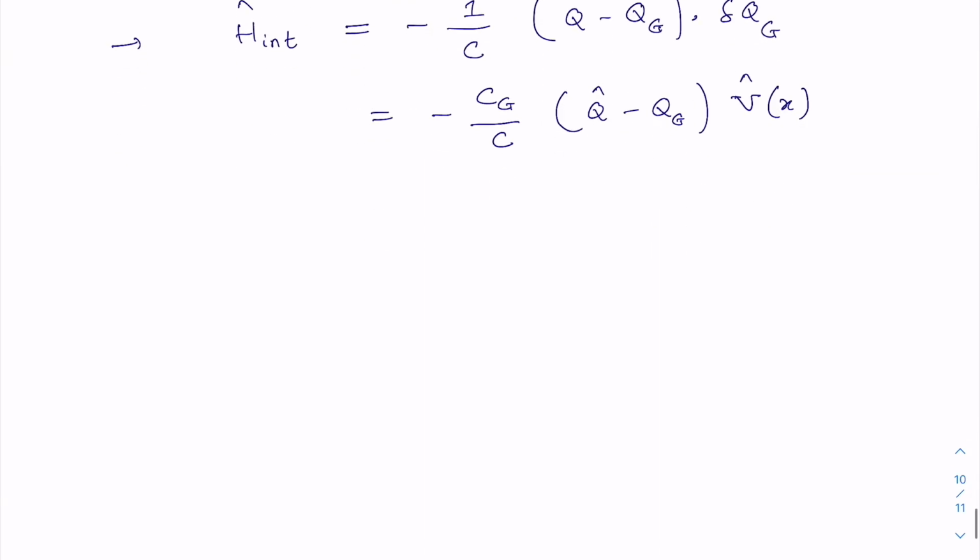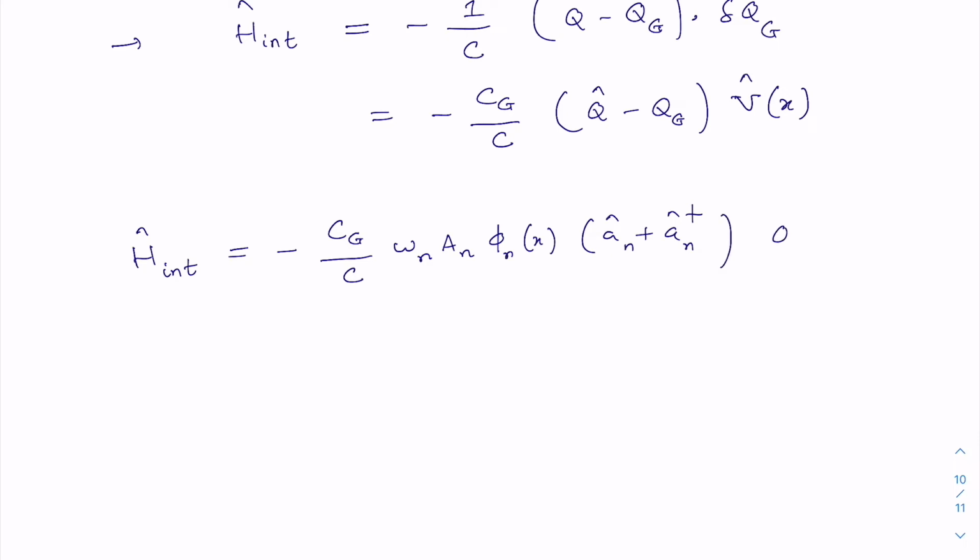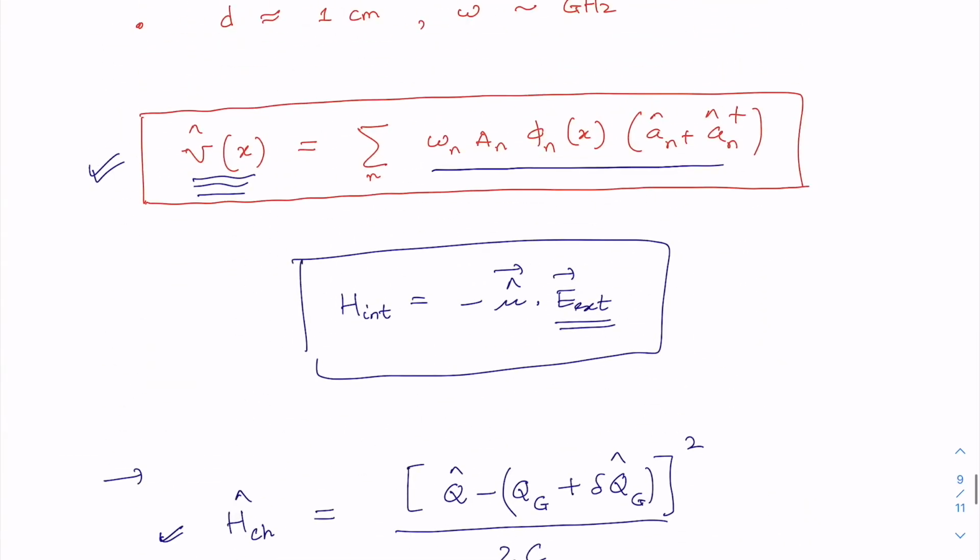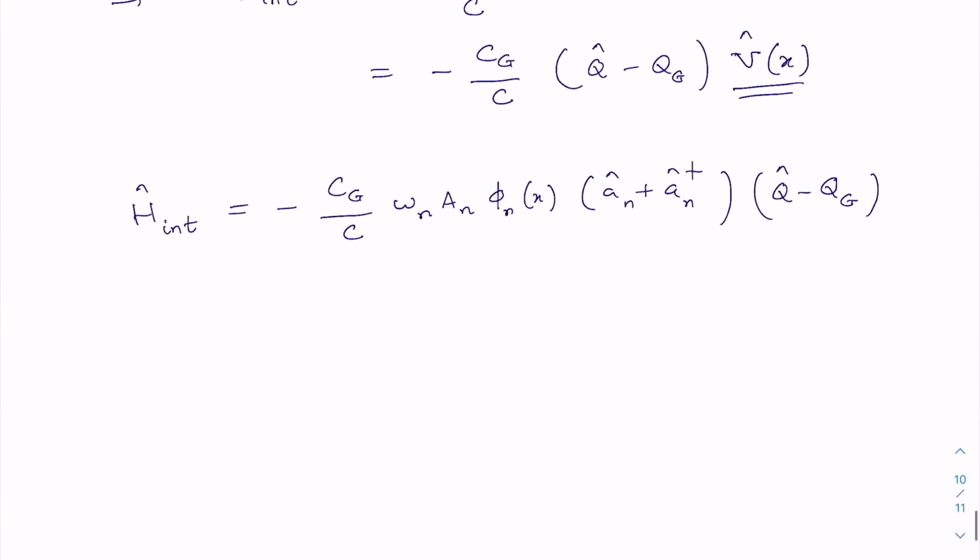Then I can write my interaction Hamiltonian in this form: minus cz by c, omega n, a n, phi n, that is the shape of the mode, and then I have a n plus a n dagger, and I have q minus qz. I just simply put the expression of vx in here, and that's what I get.